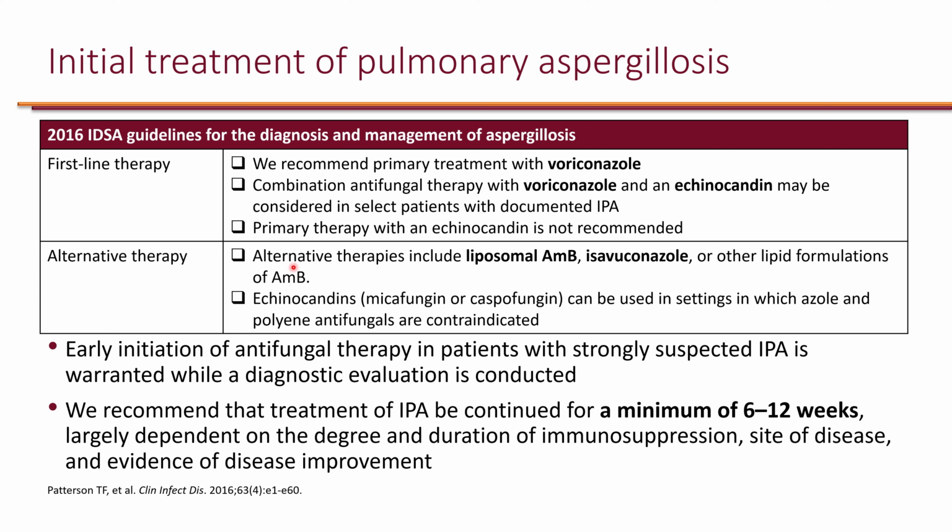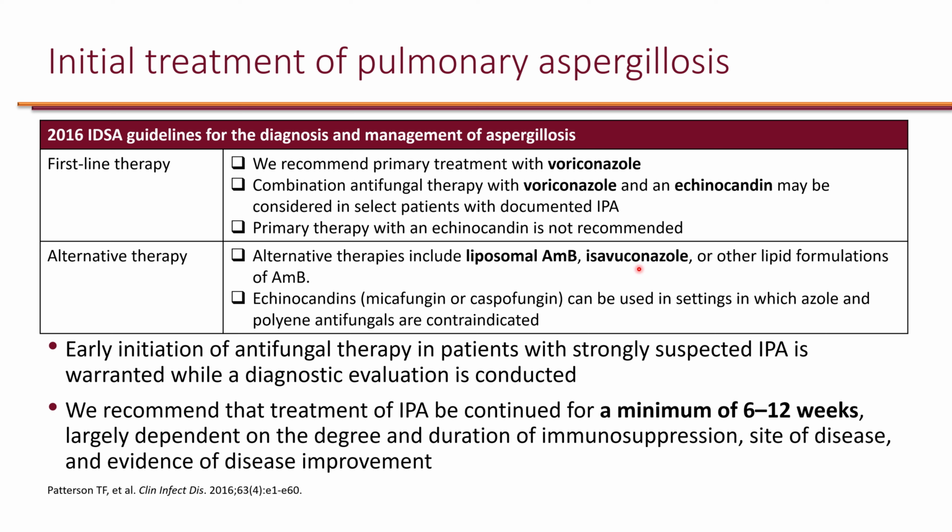Now, alternative therapies include either liposomal amphotericin B or some of the newer azoles. So isavuconazole would be an alternative, and that's essentially because that's a newer agent, more expensive, and there was less data at the time that the guideline came out.